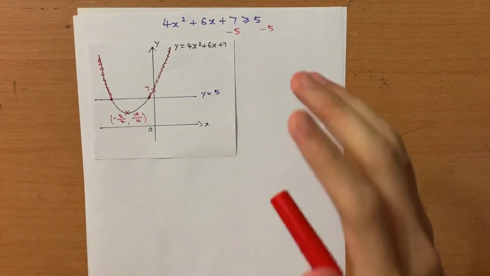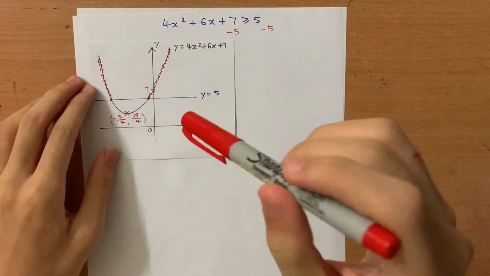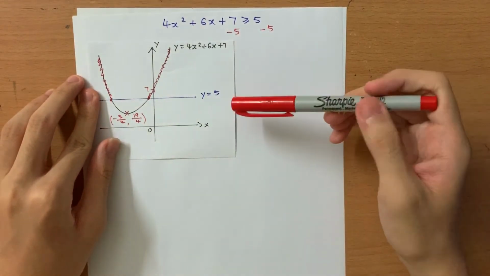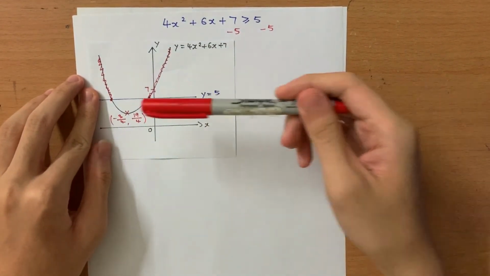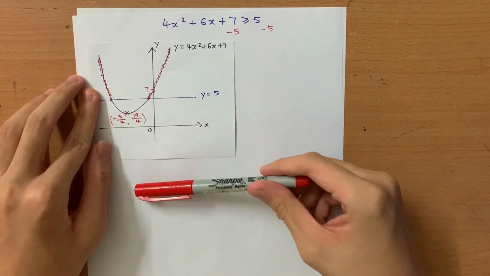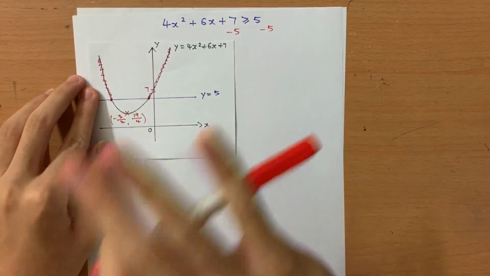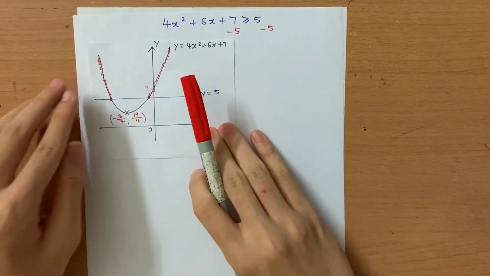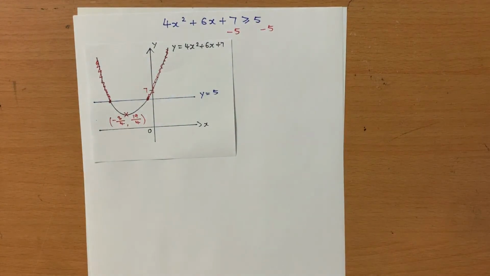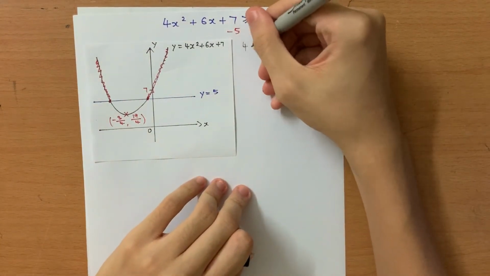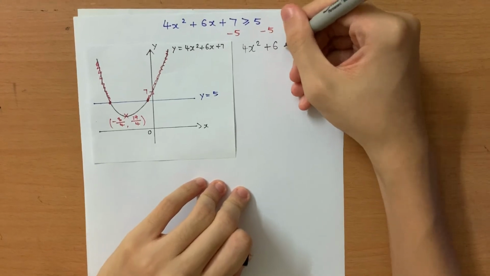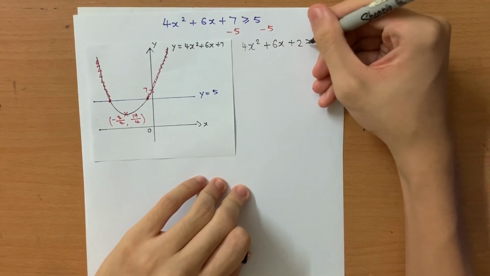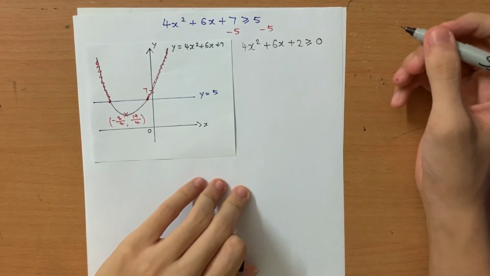The line y equals 5, when it translates down by 5, will become the x-axis, and the curve will move down by 5 too. Essentially nothing changes, everything just moves down by 5. So we have 4x squared plus 6x plus 7 minus 5, which is 2, is greater than or equal to 0.